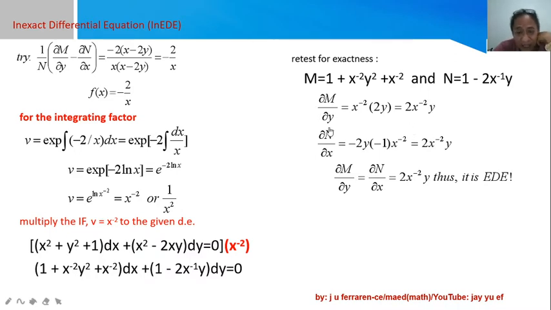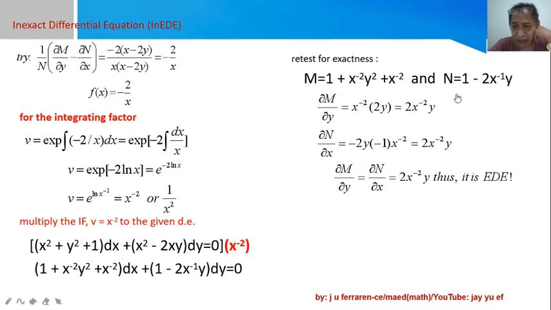So I'll be expecting that my N, if differentiated partially with respect to x, will produce the same result as the previous. Or else, I cannot consider it as exact, and there is something wrong when the IF was evaluated. So differentiating N partially with respect to x: the constant is 0.